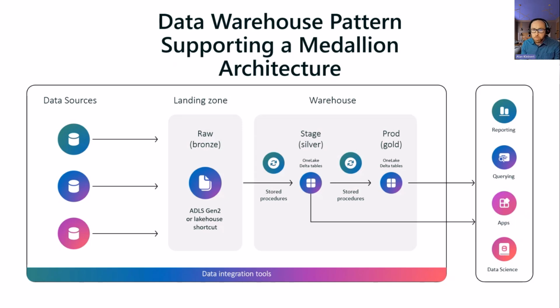Now, instead of using Spark to get from your raw or bronze to silver, and really that process is about curating data, cleansing data, so normalization, deduplication, things like that. It's typically done with Spark notebooks and heavy on the Spark side. But you can do that now with stored procedures in the same fashion.